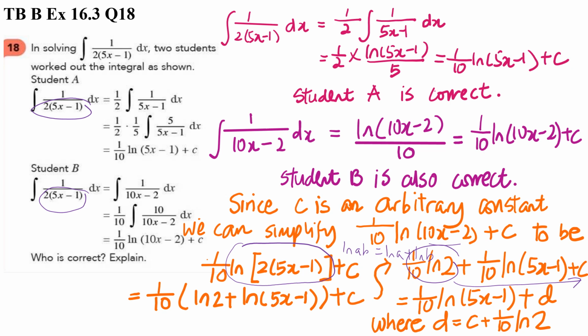Because by right, this answer can be simplified further. Yes, it can be simplified further because 10x minus 2 can be simplified as 2 bracket 5x minus 1. So that is exactly what's given to you in the first place. So if that's what is given to you in the first place, then don't do extra. Just work with what you're given.